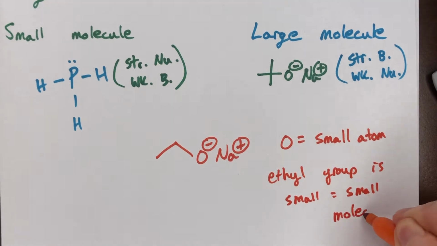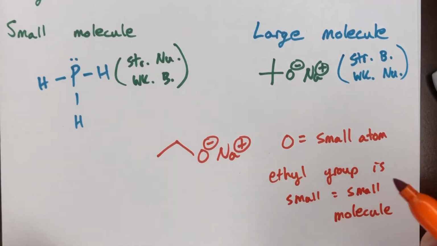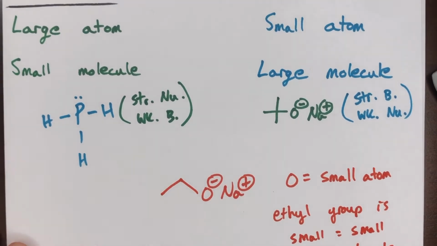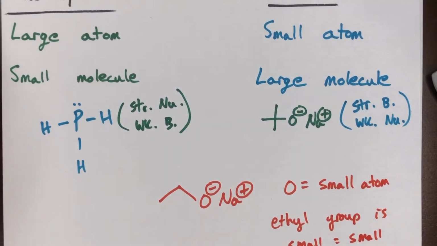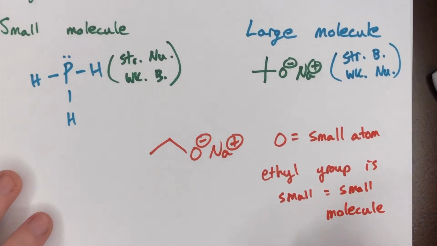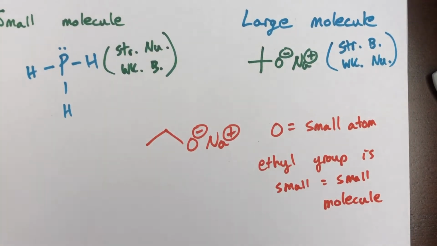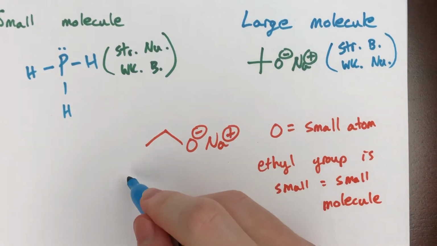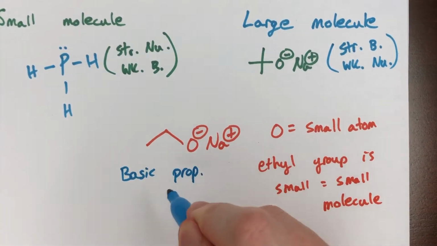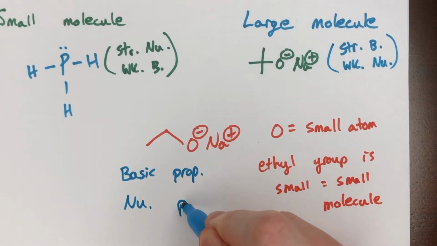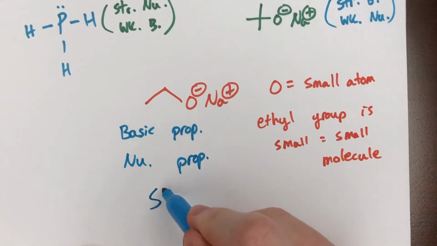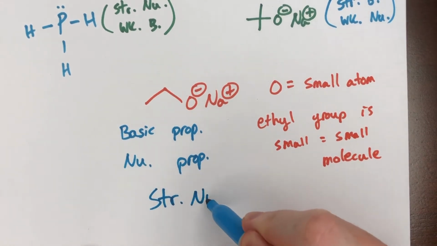So this, in essence, is a small atom reactive center and a small molecule. If we look at our rules, small molecule suggests nucleophile, small atom suggests base. So this has basic properties and nucleophilic properties. So this molecule is a strong nucleophile and a strong base.